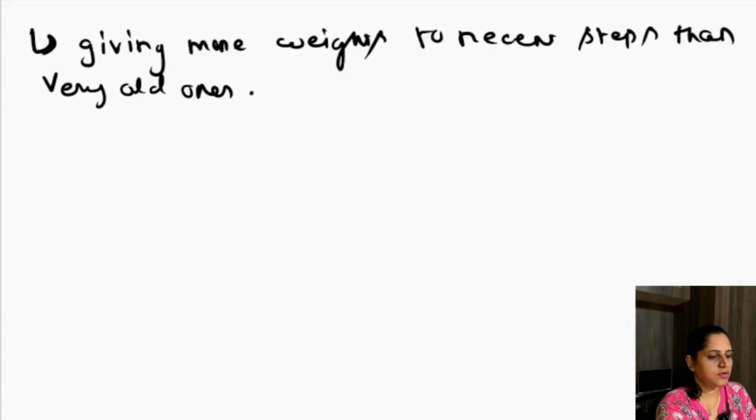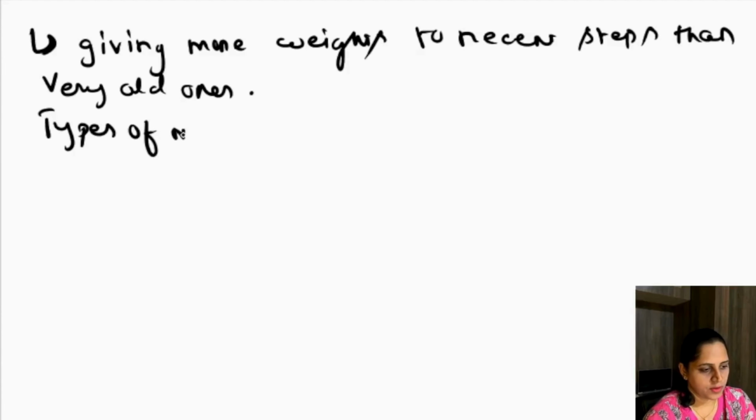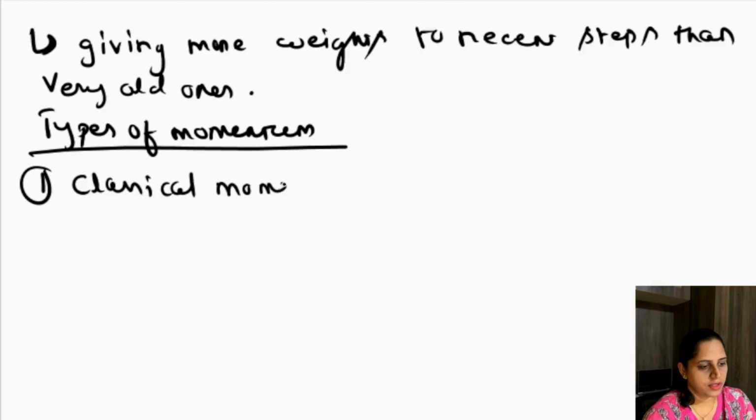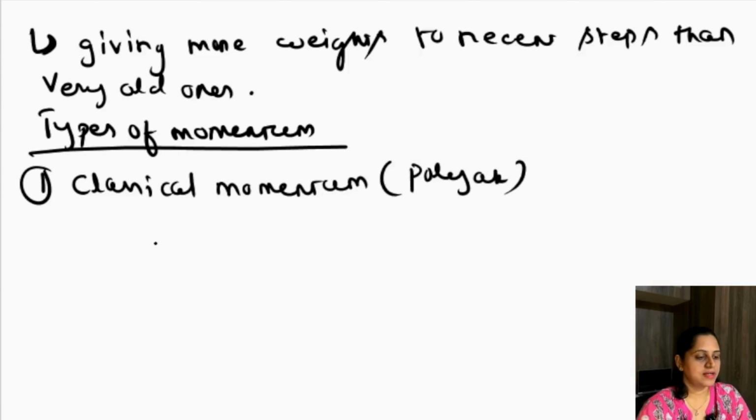And we all know that there are different types of momentum, right? So let's understand the types of momentum. One, we all know, is classical momentum, right? Or in short, we just say momentum. Or there is another name called Polyak. So if somebody says Polyak momentum, that means it's classical momentum.